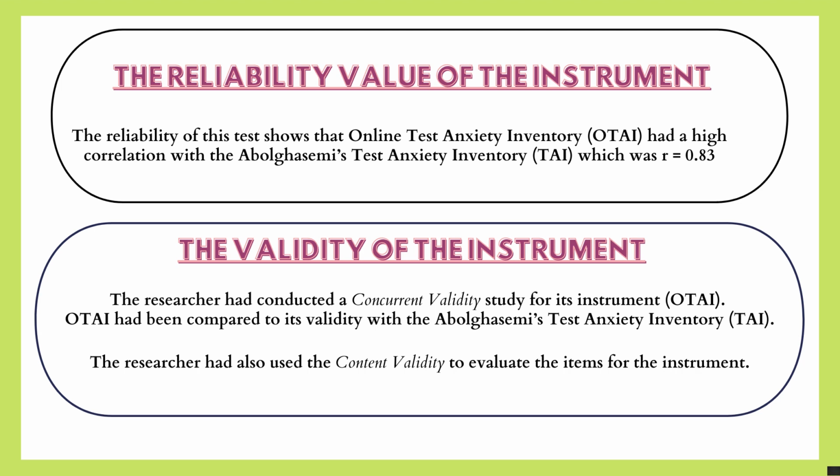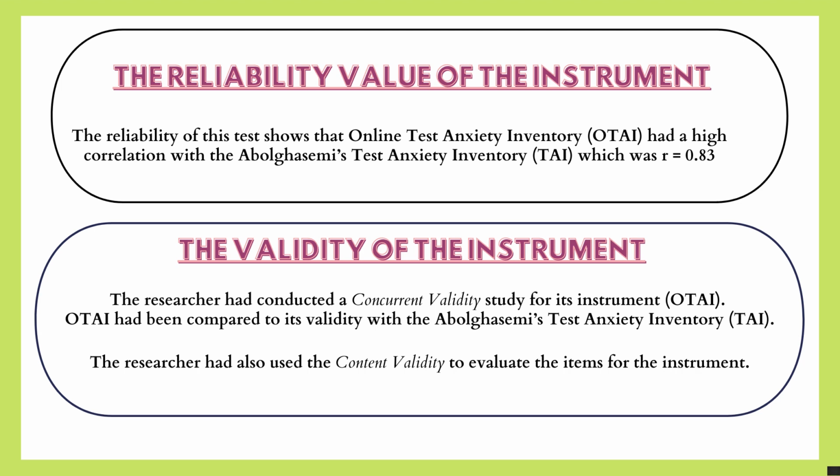the instrument. At first, the researcher had developed a pool of 38 items, and it was assessed by 9 psychologists and professional experts from the University of Isfahan, all of whom had a track record of working in online contexts.